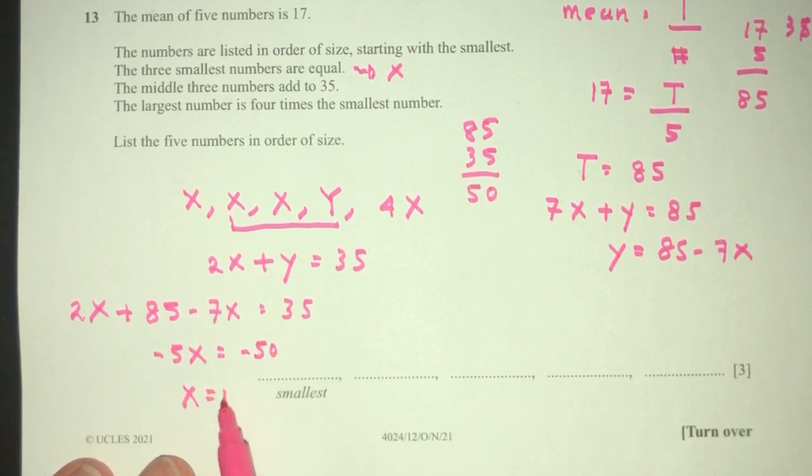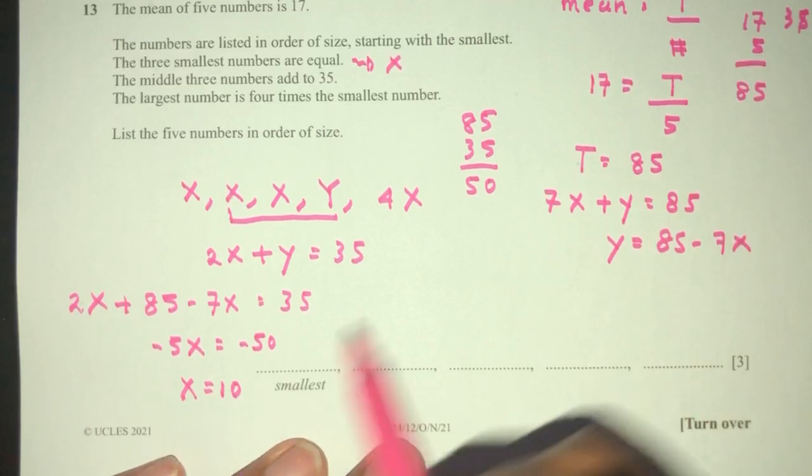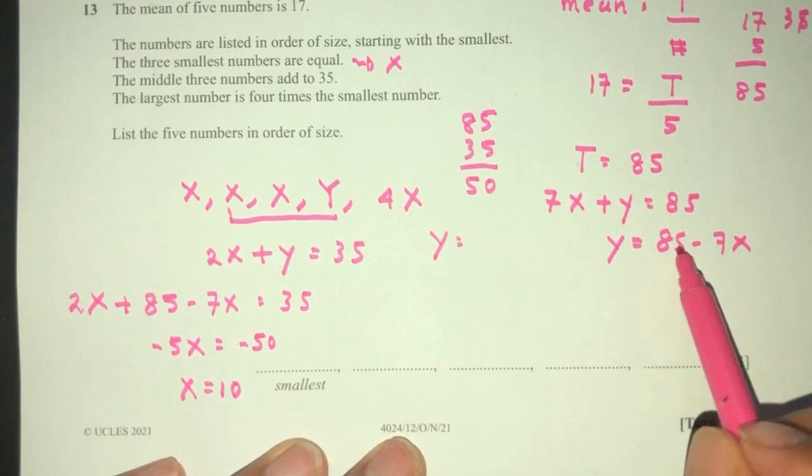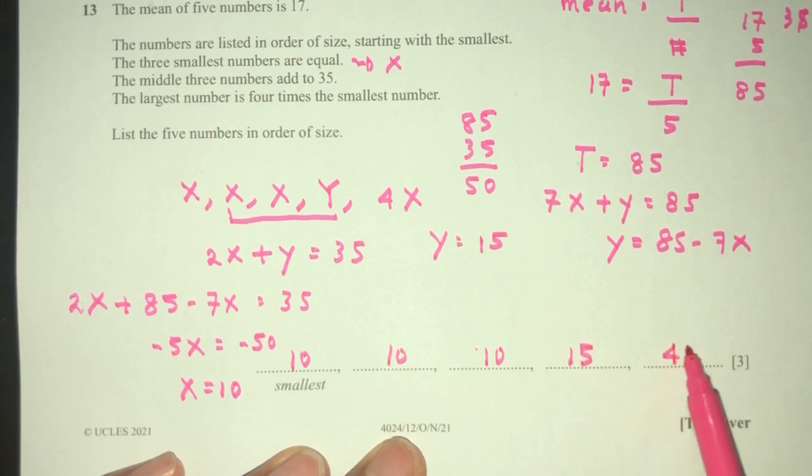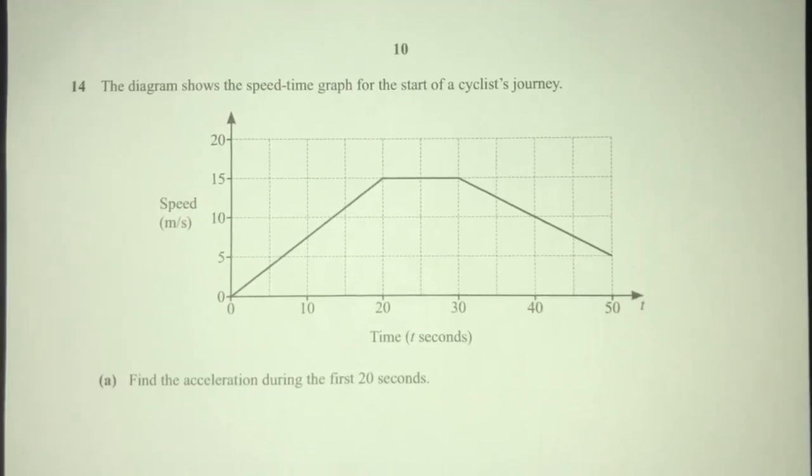So x will become the value of 10. And finally y will become 85 minus 70, that should be 15. So your numbers will be 10, 10, 10, 15, and 40 as your answer. That is how you can use the information to find these missing numbers. Okay, let's move on to question number 14.